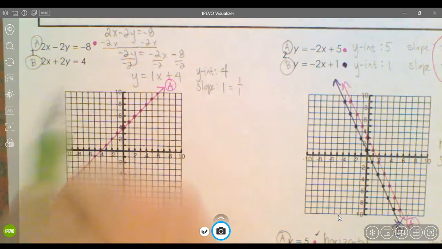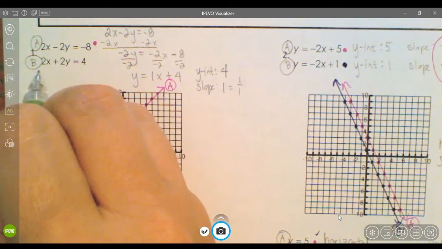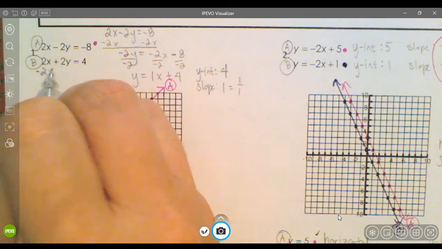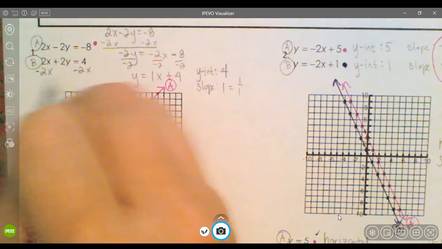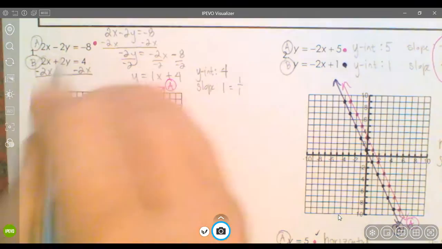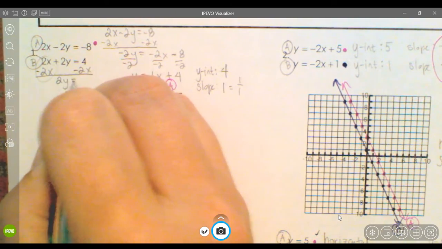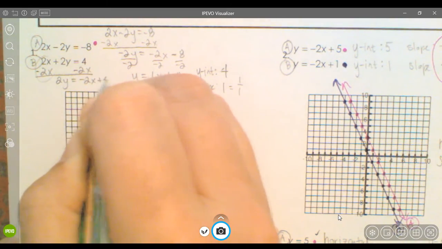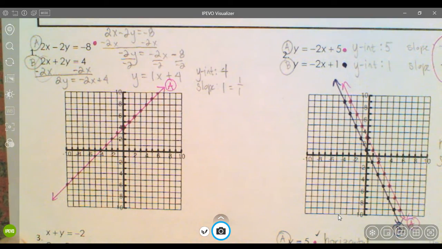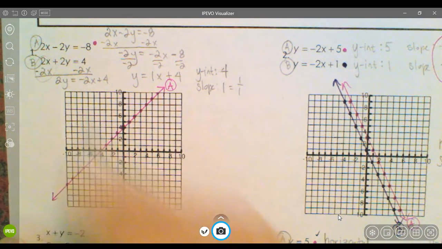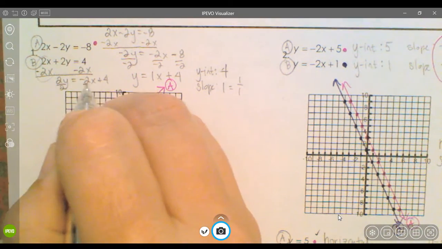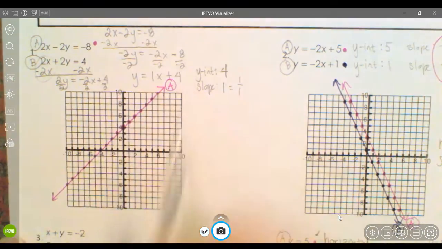And I'm just going to do the work here because I didn't leave enough room. So we're going to subtract the 2x on both sides. And when we do that, we get 2y equals negative 2x plus 4. And now I need to divide by 2. And I'm just going to do that in this step as well, because why not?